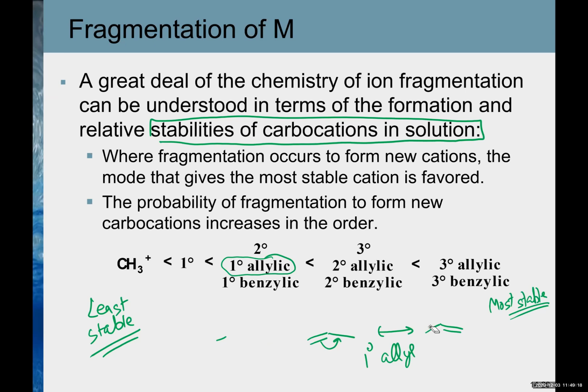Similarly, if you look at secondary allyl, this is a secondary allyl position, right? This is also resonance stabilized. So it's pretty stable. So secondary allyl is almost as stable as a tertiary carbocation. And tertiary allylic is the most stable.